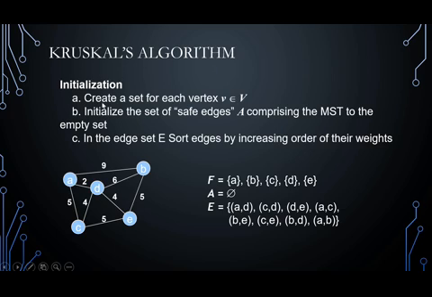That is why I am creating a list of all the vertices that are present. So I am creating a set for each vertex v which belongs to the vertex set V. We are creating these separate sets. A is a separate set, B is a separate set, C is a separate set, D is a separate set and E is a separate set. Each vertex is formed as a separate set, and this set of all sets we call a forest.